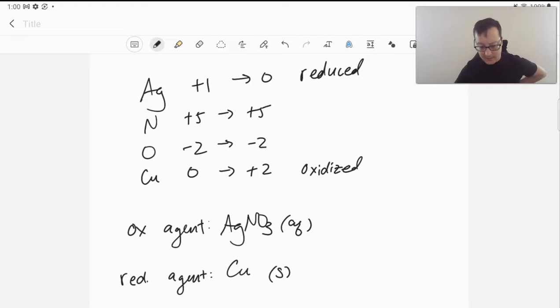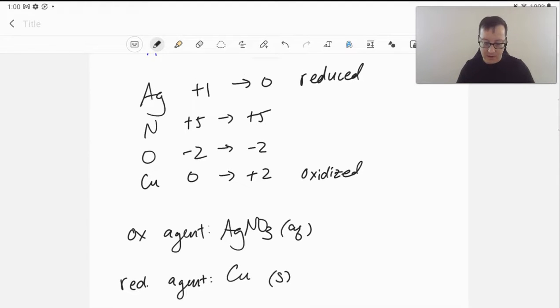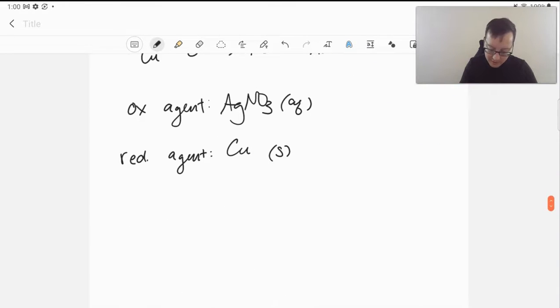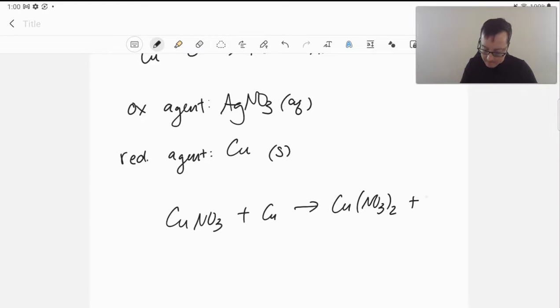Now, importantly, one more thing. If you have two instances of the same element on the same side of your reaction. So say you have, I'm going to just totally make up a reaction here. This is probably not something that will happen, but if we see here, let's make this something else, copper, because why not?